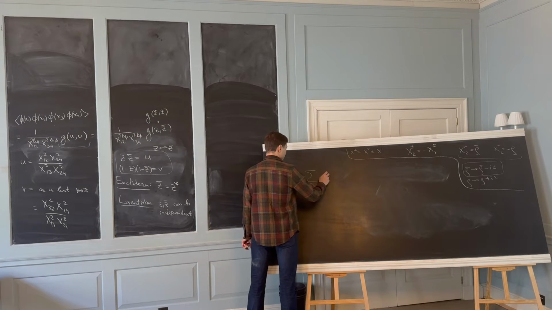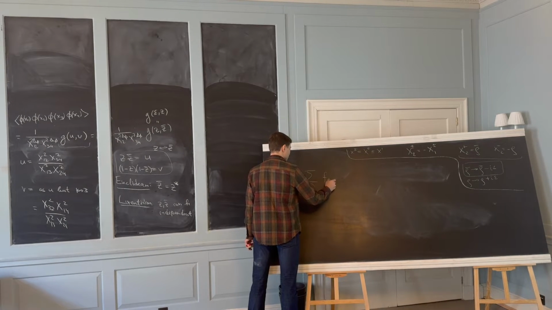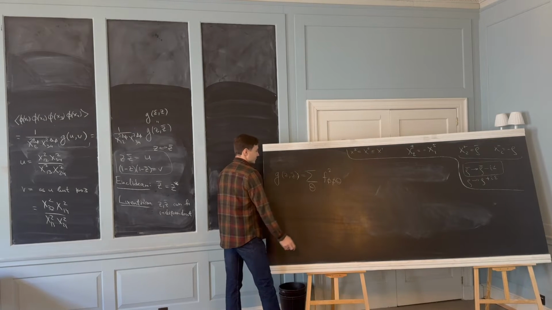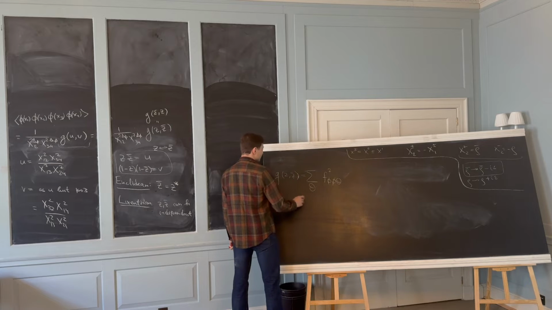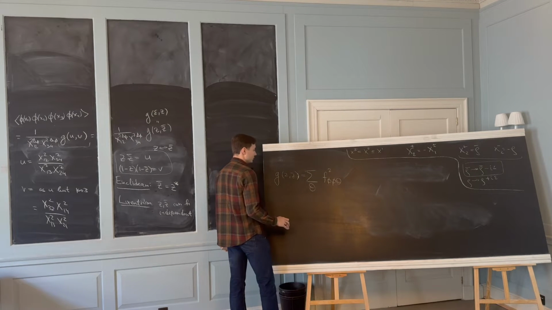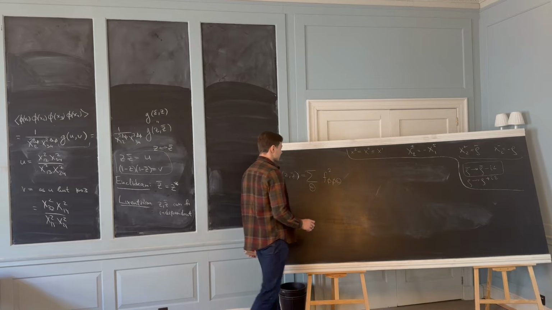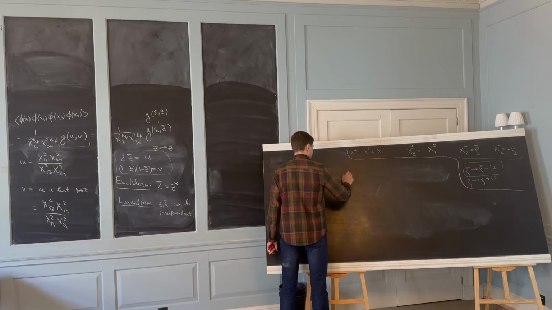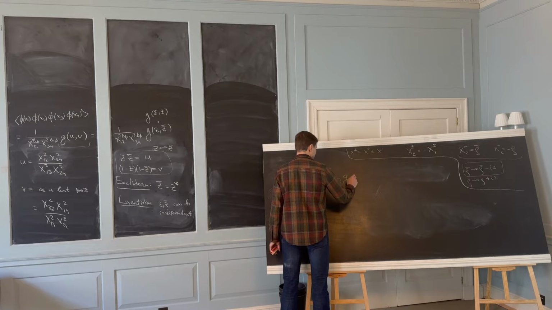Then each operator has this OPE coefficient, lambda phi phi O squared. So this describes the coefficient as which O appears in the phi phi OPE, and I'll give a description for it in a second. And this is multiplied by a special function called the conformal block.